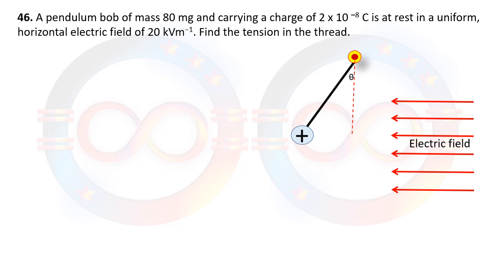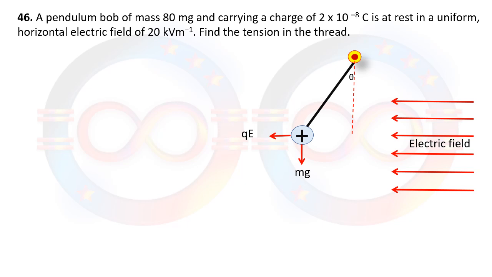Because of this electric field, some force would be there on the charge, and we know that whenever a charge is placed in an electric field, force will be q into E, that is charge into electric field. Force is q into E. The force applied by the earth on the bulb because of its mass would be mg, that is the force of gravity.